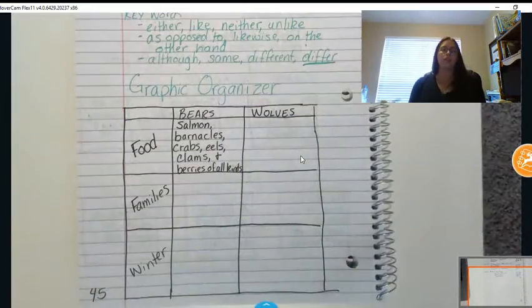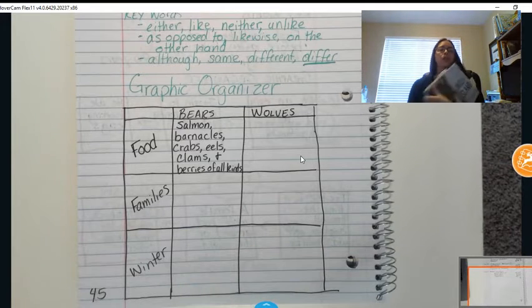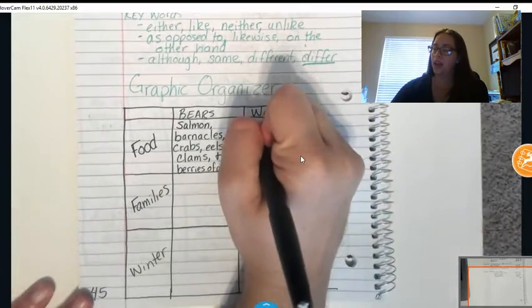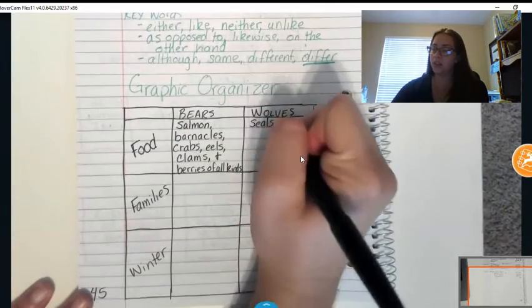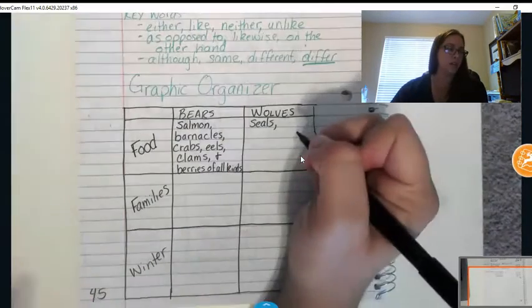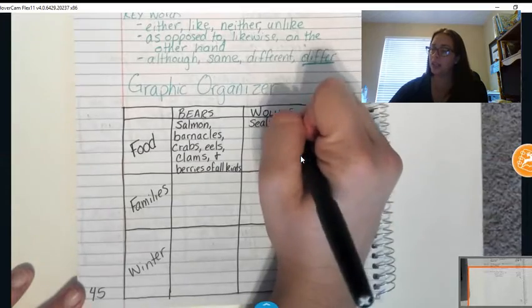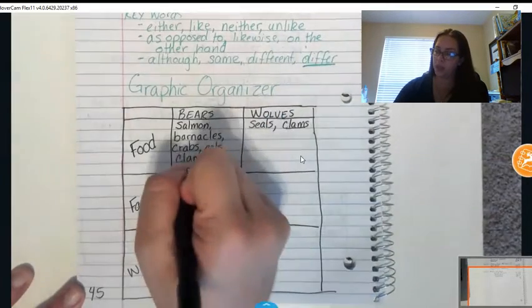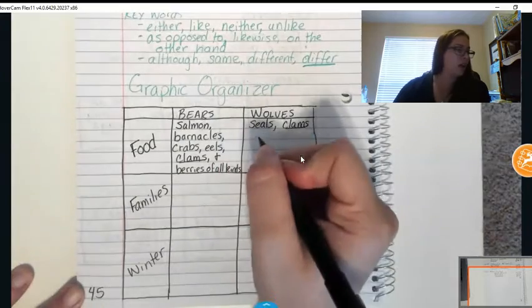Whereas the wolves, if we read in the Wolf Book on Wolf Island, they talk about the wolves eating different things. And they have things similar, like seals, or not similar. They do eat clams. So wolves and bears both eat clams.